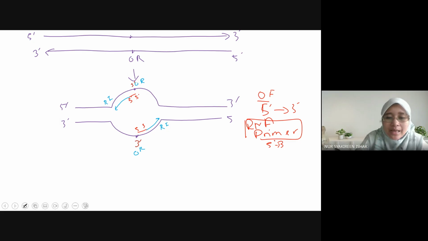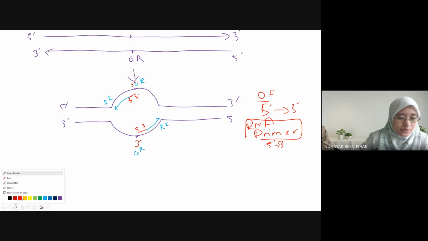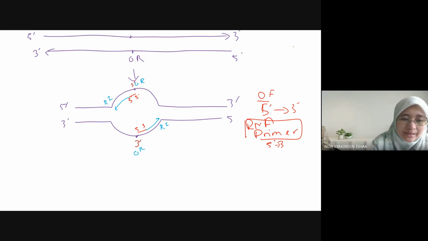So sekarang ni, dekat mana yang kita boleh hasilkan RNA primer ni? Kita nak tengok dua region yang kosong ni. Ni, kita nak synthesize the Okazaki fragment. Tapi mana nak letak RNA primer ni? Kita nak cari kat mana kita boleh synthesize the 5' end. Okay, so therefore, kita nak hasilkan RNA primer tu dekat bahagian sini.